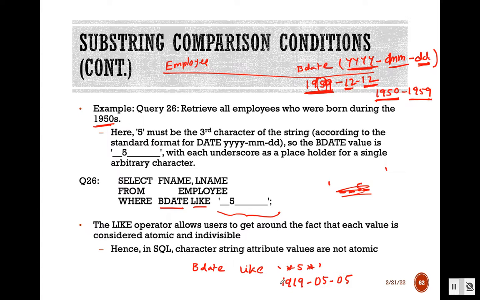If our birth date has the value 5 anywhere, that will find a match. But this pattern is saying that in our birthday exactly the third character will be 5. Before the 5 we will have 2 single characters, and after the 5 we will have 7 single characters. We are giving an explicit pattern where the third character will be 5, with 2 characters before it and 7 characters after it.